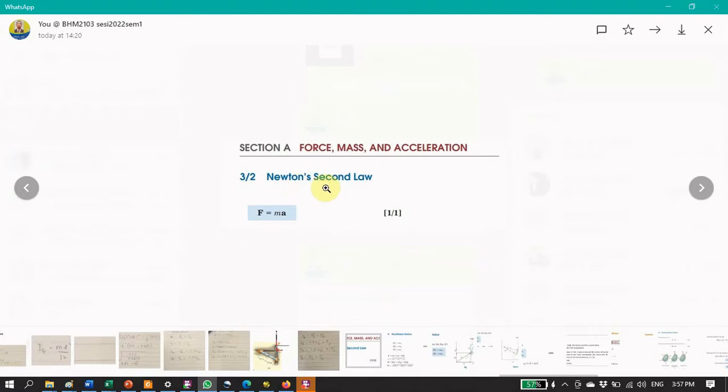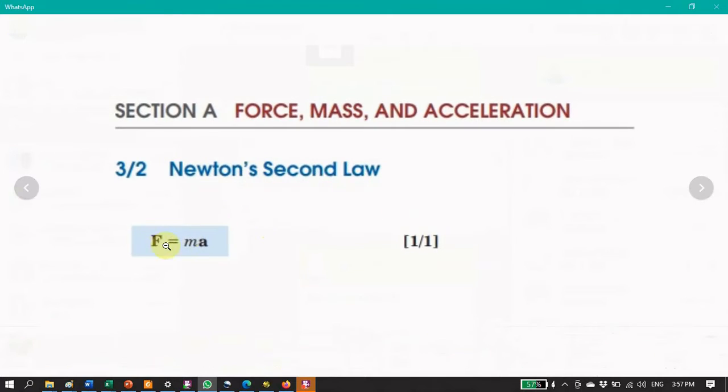And the governing equation is based on Newton's second law. Newton's second law says that the net force acting on the body has a relationship with the ability of the system to resist motion, which is the mass, and also has a relationship with the acceleration.